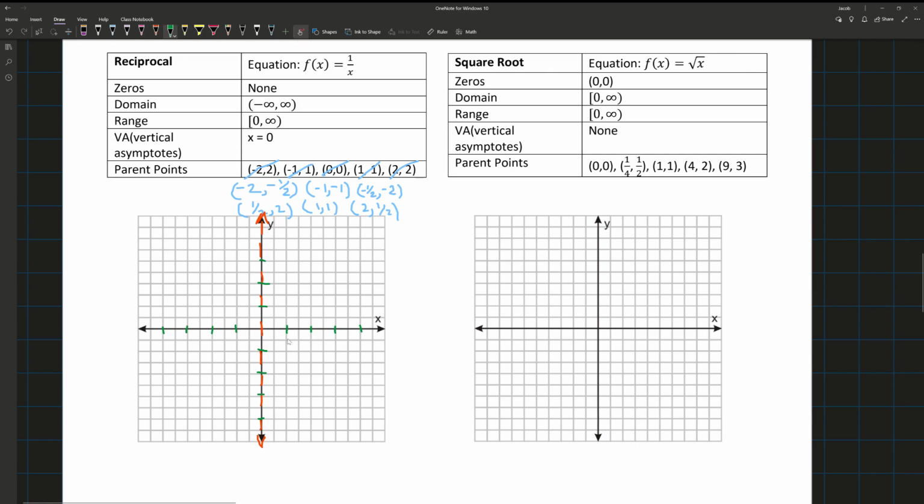So I've changed my scale to be 1 unit is 2 units. And with the graph, that'll make it easier with the parent points. It'll make it easier to graph all of them. So -2, -1/2 is right here, and so on. We can graph the rest of these.